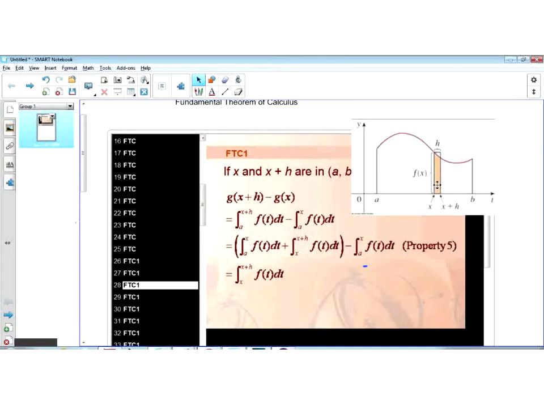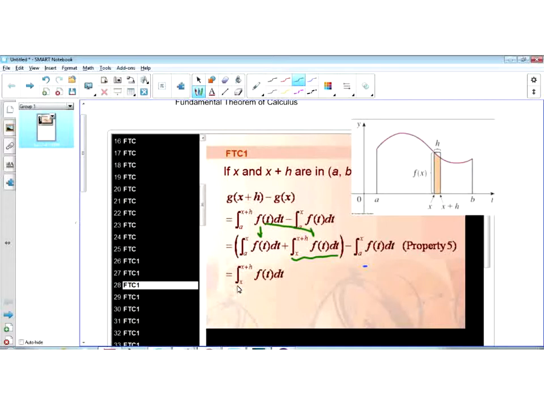And so what we do is we know that the integral from a to x plus h can be expanded into two integrals by splitting the integral. So we're going to go from a to x, and then x to x plus h, and then we subtract off the component from a to x. So we're left with this piece right here.